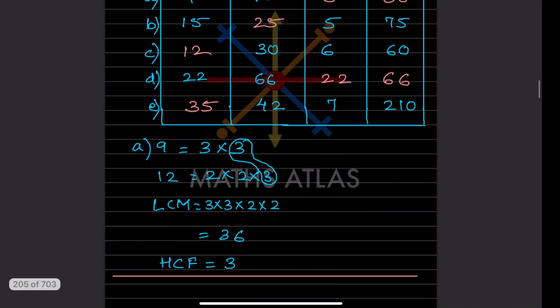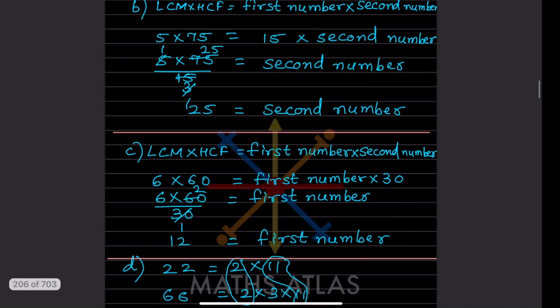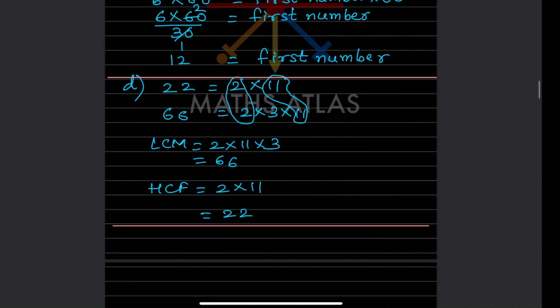Now in the fourth case, again you can see these are given, and the LCM and HCF are not given. So like the first problem, you can take the factors of 22 and 66, and then take the common ones and the uncommon ones. Common is this one, uncommon is this one. So LCM is common into uncommon, so that is 66.